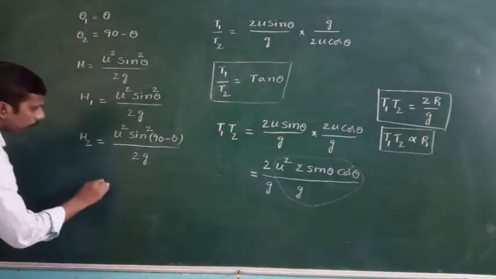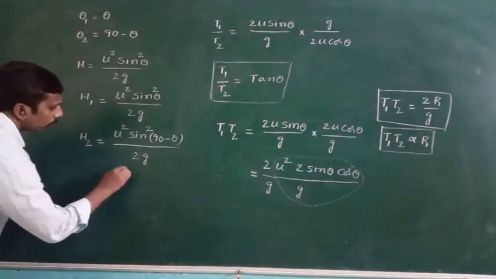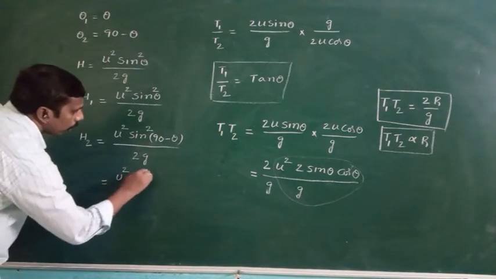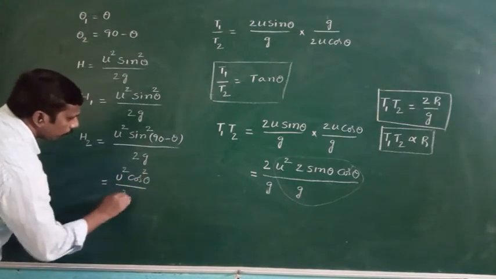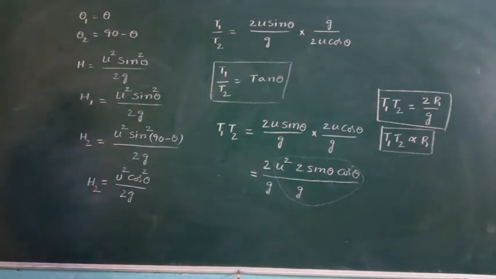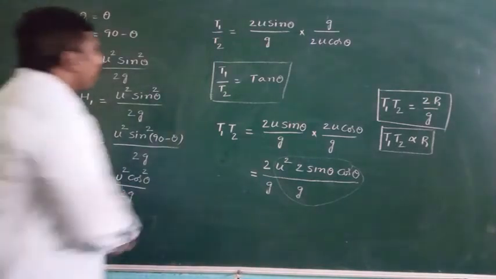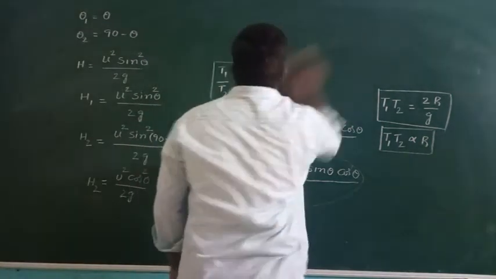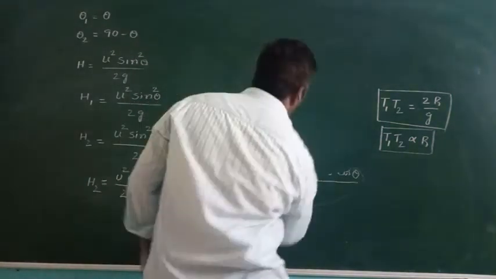From this we can write u square into cos square theta by 2g. H2 is equal to u square cos square theta by 2g. Now divide H1 by H2 and similarly add both the equations also.